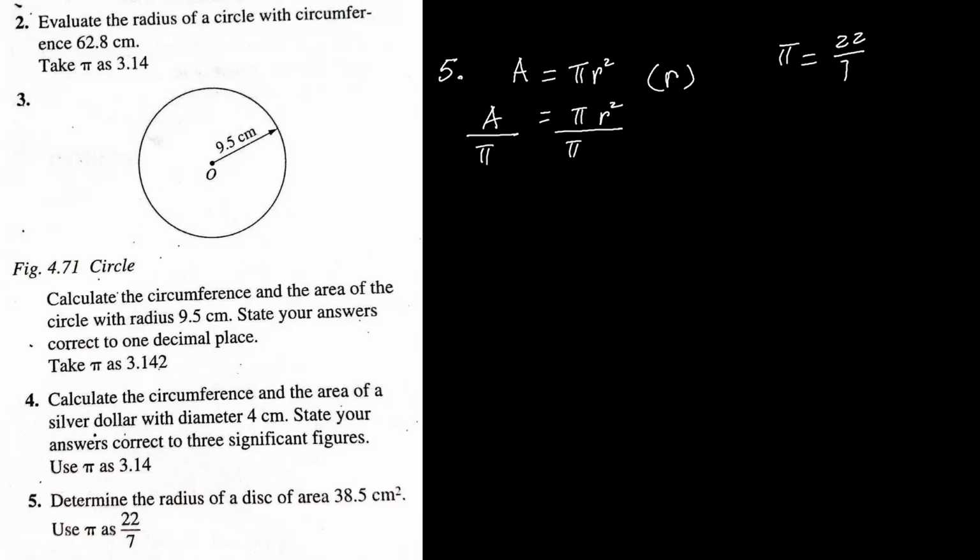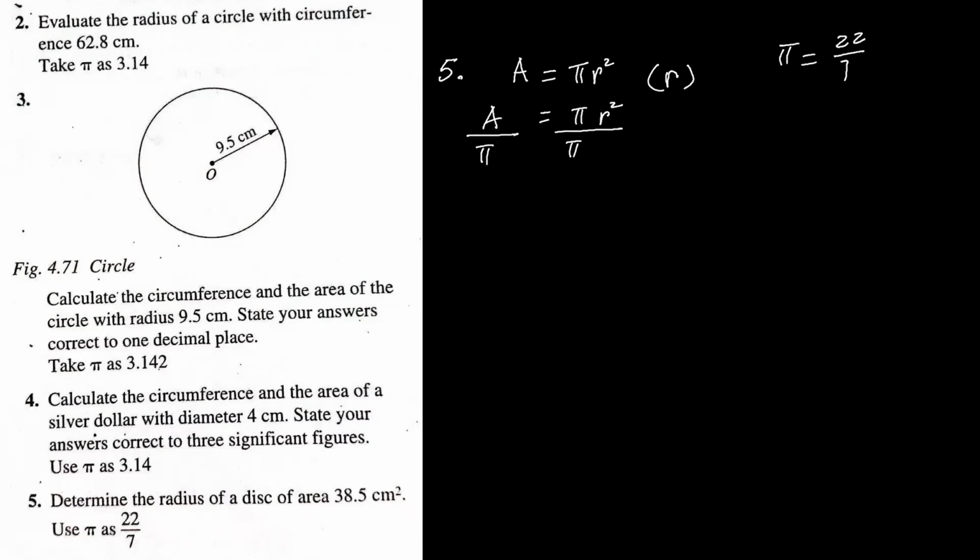So, Salome, why are we dividing throughout by pi? Because we need to isolate R squared. Right. And she's right. She's using a big word. She meant that I want to leave R squared by itself.